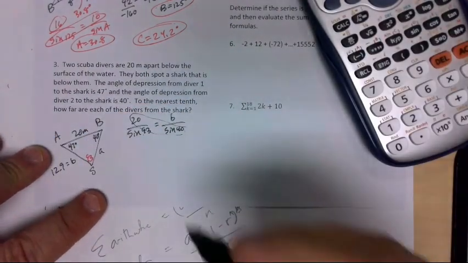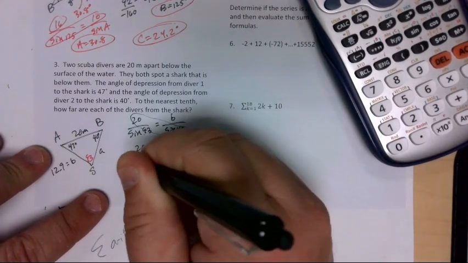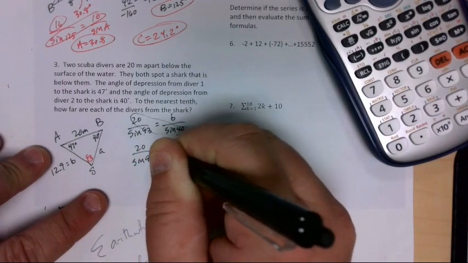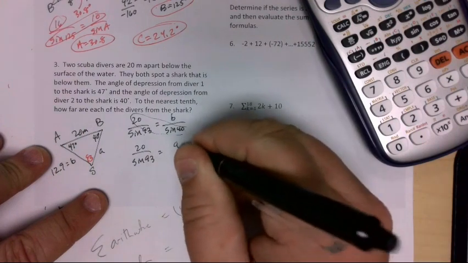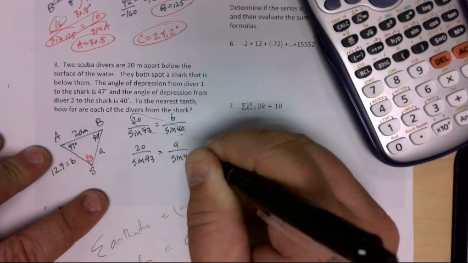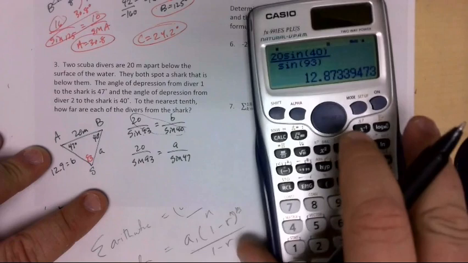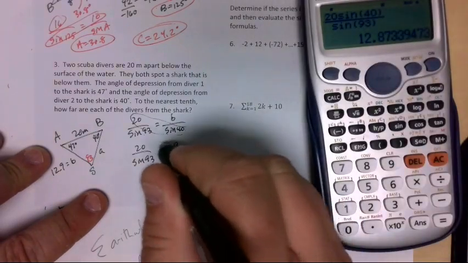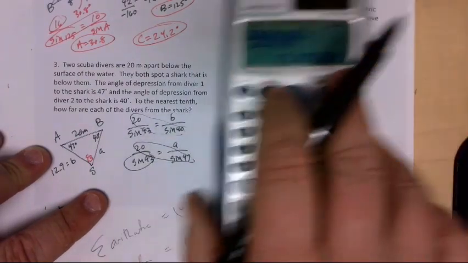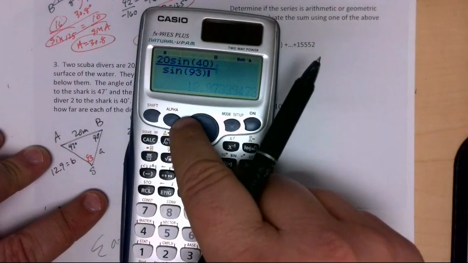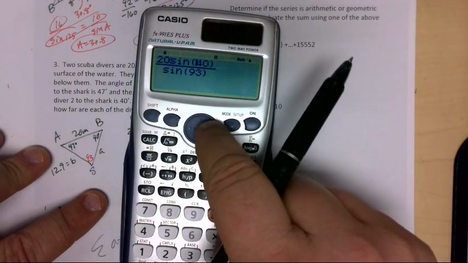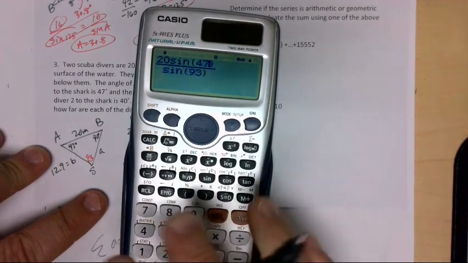I can do the exact same thing. 20 over the sine of 93 equals A over the sine of 47. Okay, and I can take the cross product there, multiply these two, divide by that, and so I get 20 times the sine of, heck, all I got to do is change that 40 to 47, right?